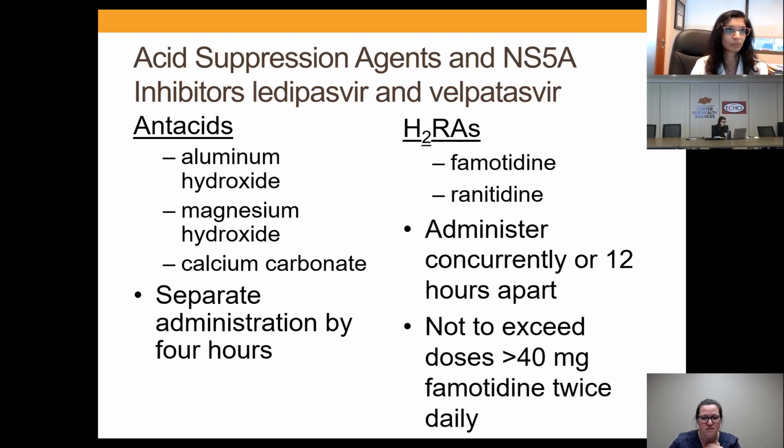The recommendation is to give it at the same time as the hepatitis C medication and then 12 hours apart. So if somebody is on a PPI, you can try to transition them over to an H2 blocker. Maybe even if they could take it 1 time a day instead of twice a day, anything you can do to reduce the amount of acid reducing agents they take, you're going to increase their chances for cure.